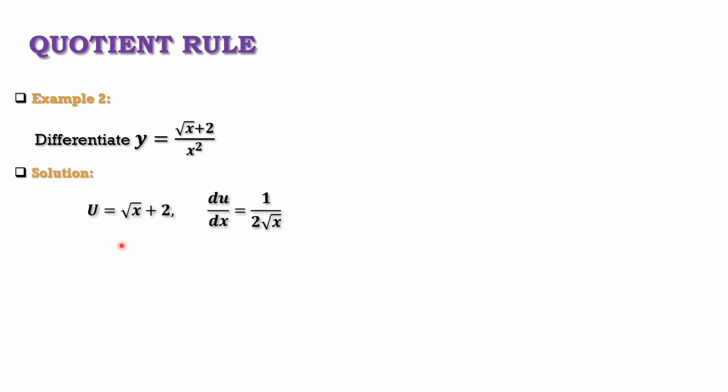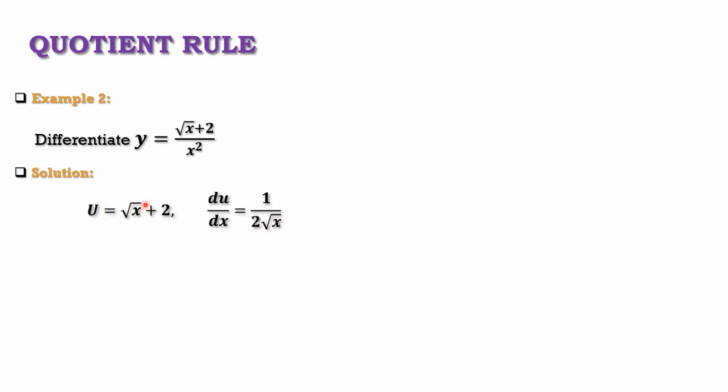Now let's move to example 2 of this section. We have to differentiate y equal to square root of x plus 2 all divided by x squared. We let u be equal to square root of x plus 2, and we find the derivative of u with respect to x, which is du/dx equal to 1 over 2 root x.